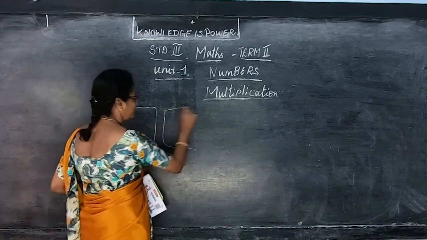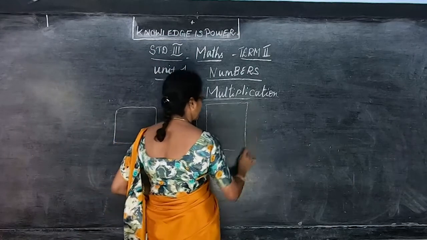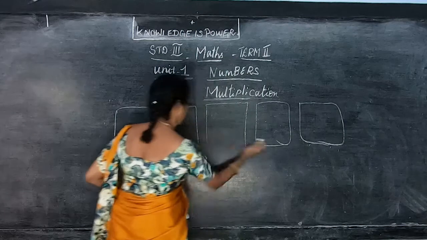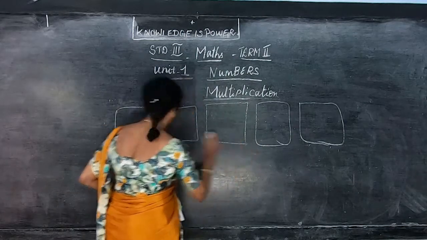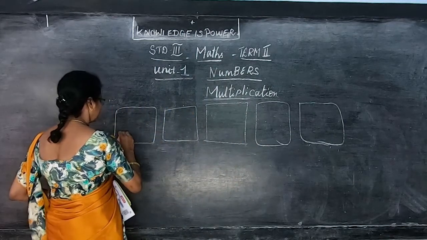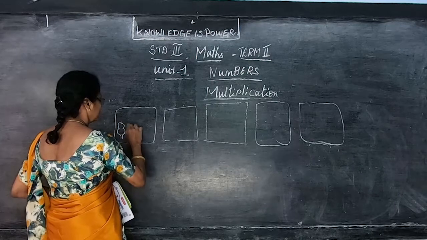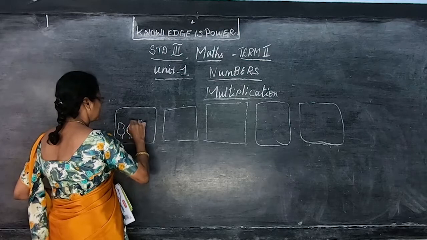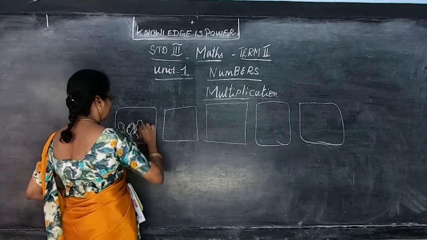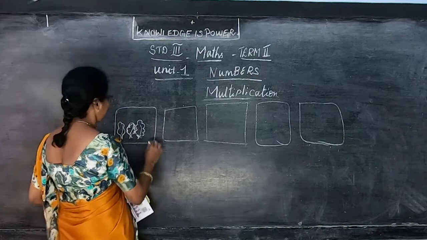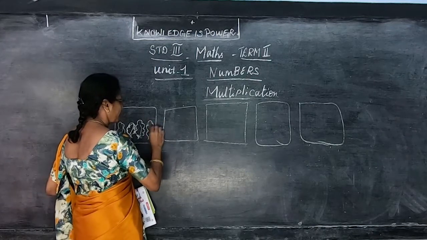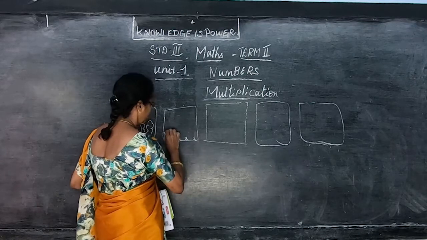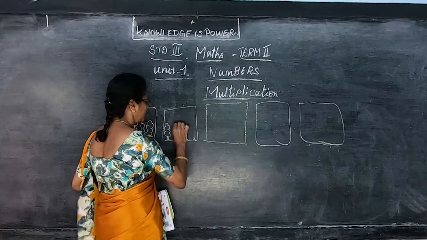They are given some trees in 5 groups, 5 boxes. So 4 trees in each group.